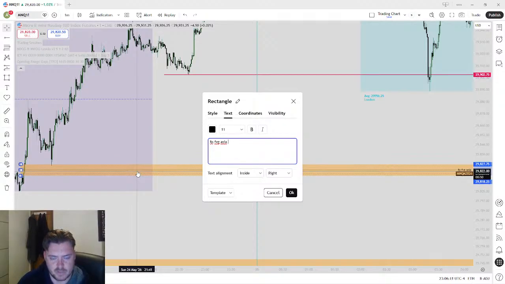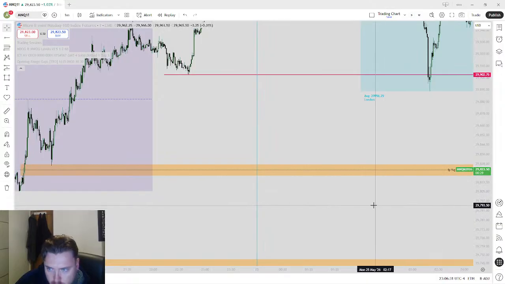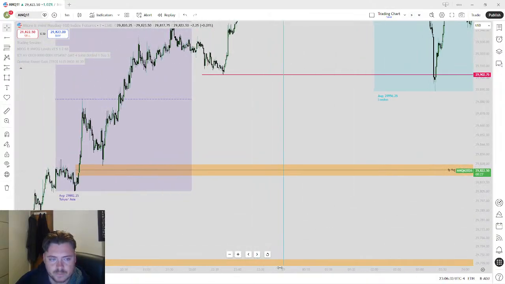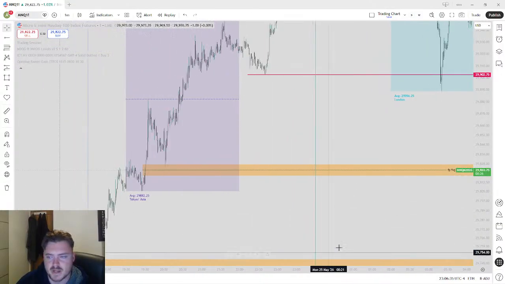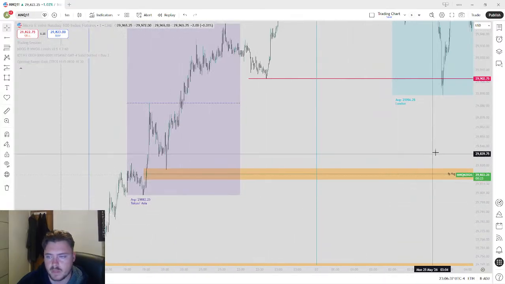First presented fair value gap Asia. And what day is it? Tuesday candle, so we'll just put Tuesday. Well, Monday, we'll put Monday because there's another Asian session. It doesn't matter as long as you've got that there.